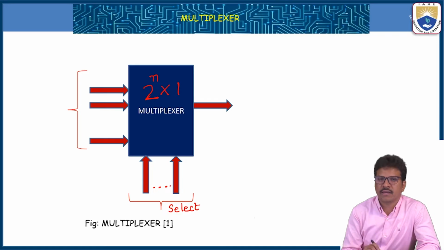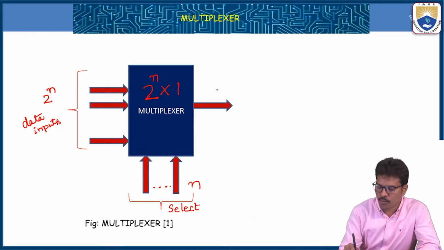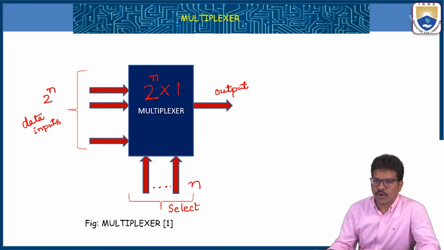We can also call the inputs data inputs. Always remember that in a multiplexer we can have only one output.